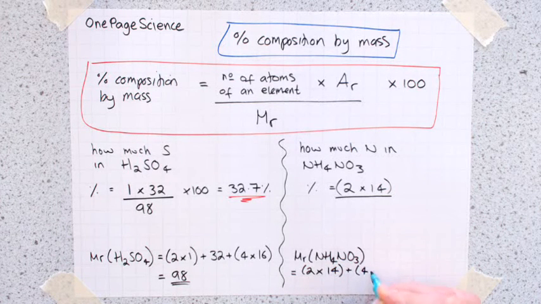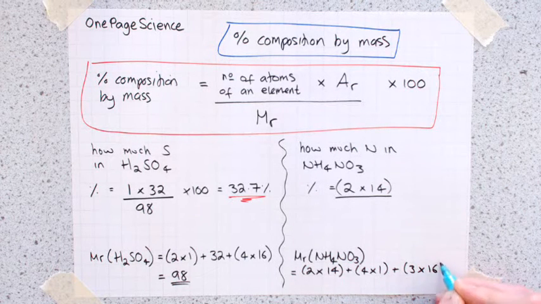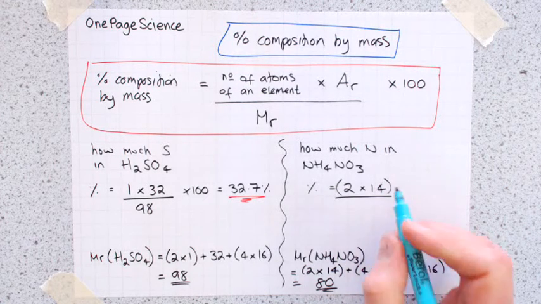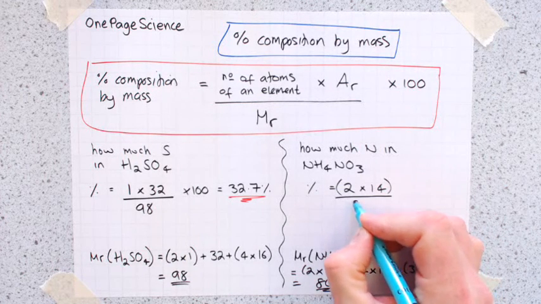Hydrogens have a relative mass of 1. And there are 3 oxygens. Oxygen has a relative mass of 16. So again, you plug that into your calculator and you'll get a value of 80. So the relative molecular mass of the whole compound, that's what goes on the bottom.